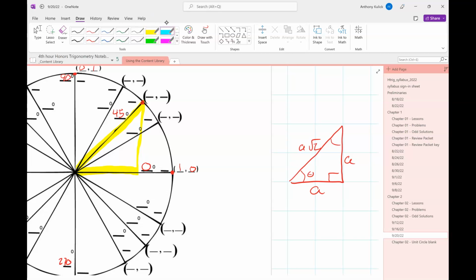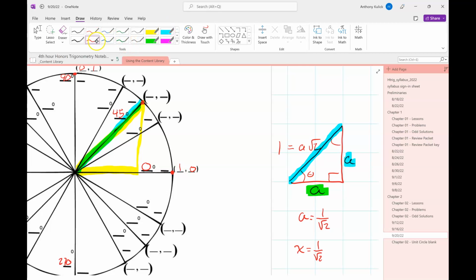What value should I pick for A here? Nope. I need this length to be equal to 1, because that's the radius of my unit circle. So what does A have to equal? 1 over the square root of 2. I'm just going to leave it that way for now. You can rationalize later. So this piece is my x coordinate.